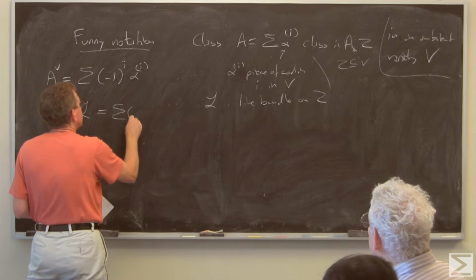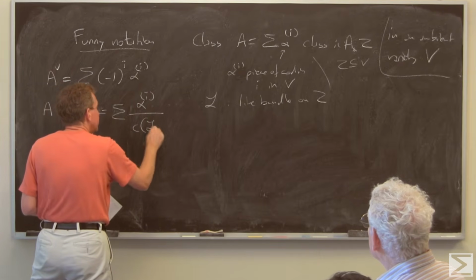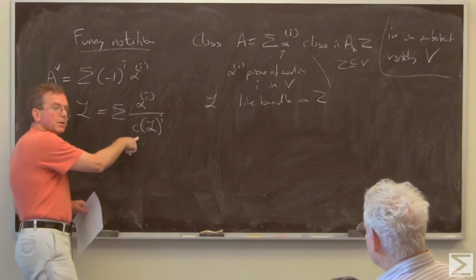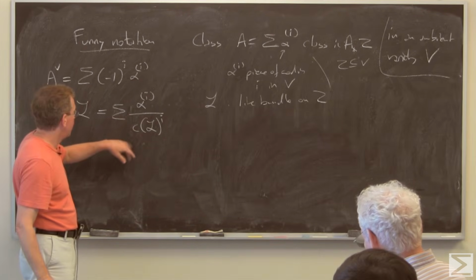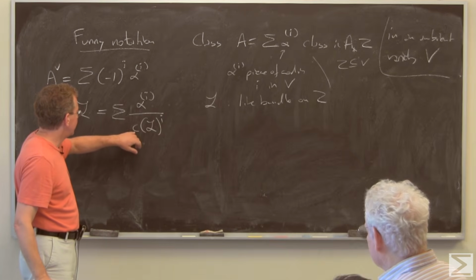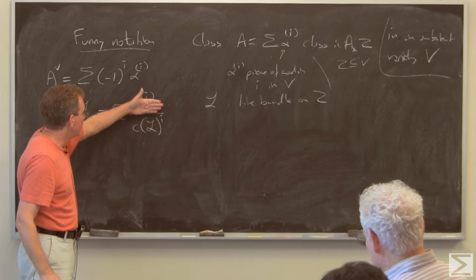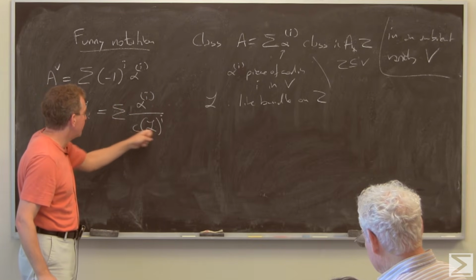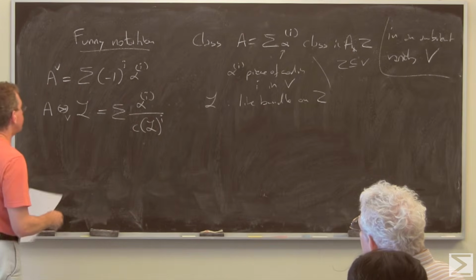That's the summation of alpha i divided by the ith power of the total Chern class of L. So I'm not doing anything like dividing by a class. This is a formal operation. This is 1 over 1 plus the first Chern class. You expand that, take the ith power, and so on.